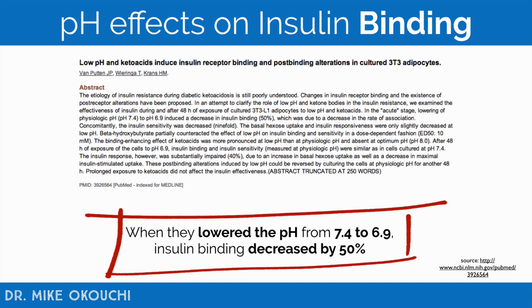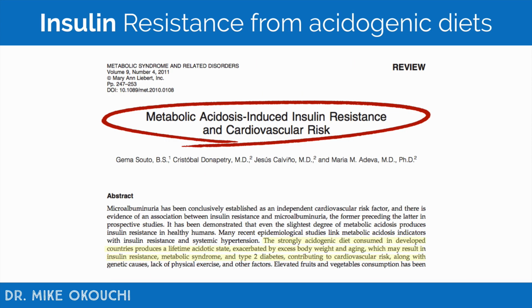Could it be that it's all because the extracellular fluids are more in an acidic state? Possibly, right? Because what they found was that when they restored the pH back to its physiological pH, binding returned back to normal. That was the most important thing, okay?